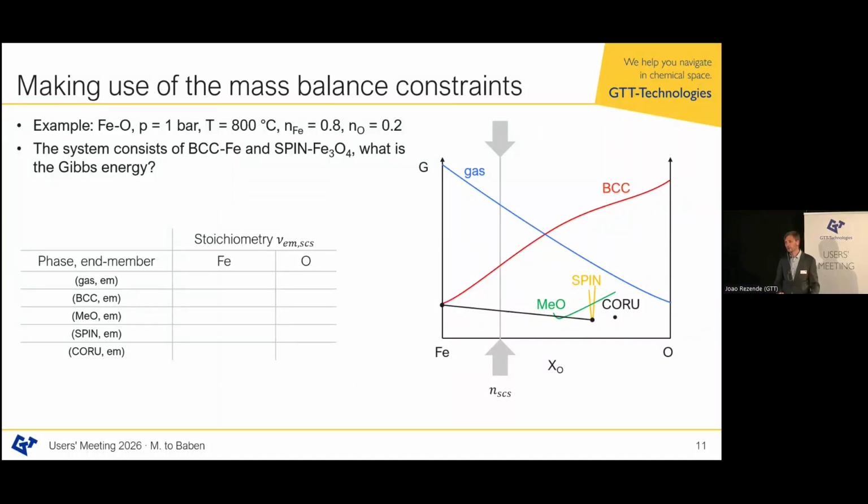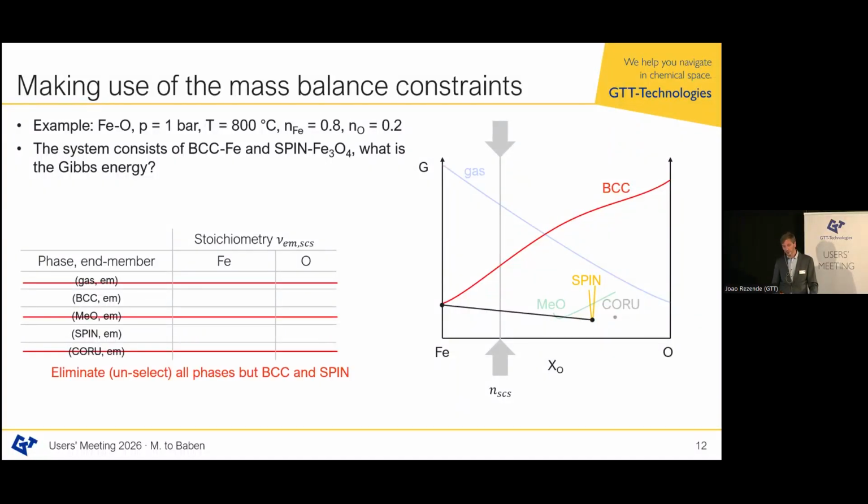Probably many of you have already calculated such a system by the phase selection or the species selection in FactSage. Yeah? So the only thing you have to do is to cross out all of the phases that you don't want to consider. If you know your system consists only of BCC and the spinel phase, you just unselect all of the other phases, and you're able to calculate the Gibbs energy for exactly that system, which is exactly here, right?